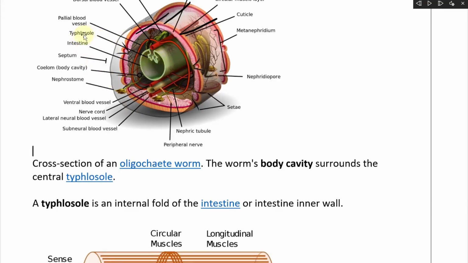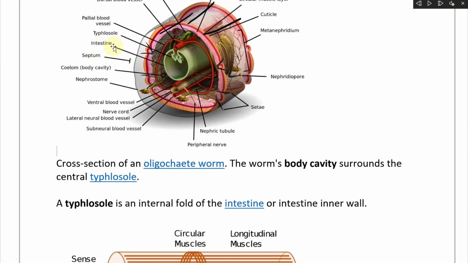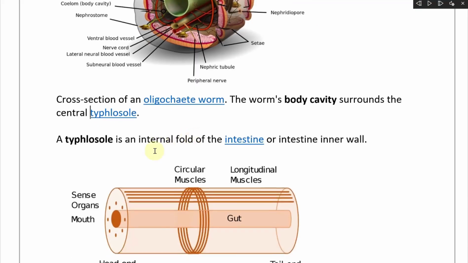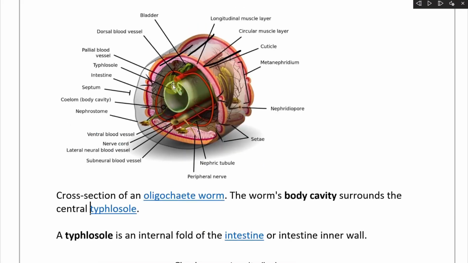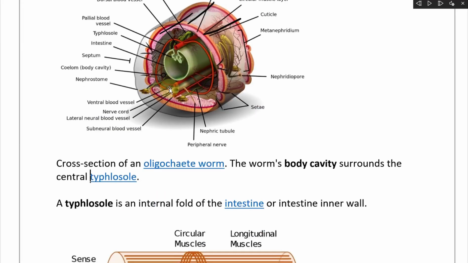This is the typhlosole, and this is the intestine right here. The typhlosole is that fold inside here. The typhlosole is an internal fold of the intestine, or the intestine's inner wall. And the body cavity surrounds it. There's the intestine and there's that inner fold of the intestine. Very, very interesting.